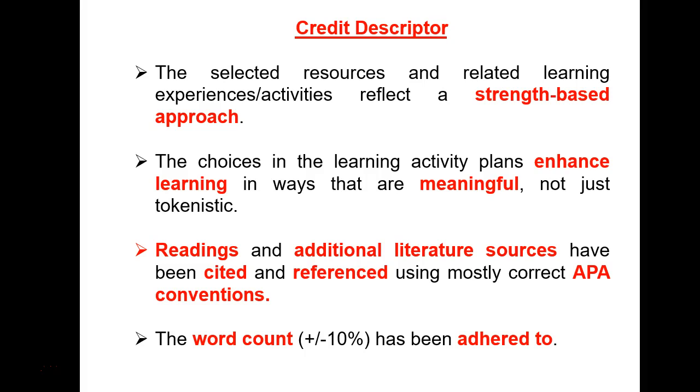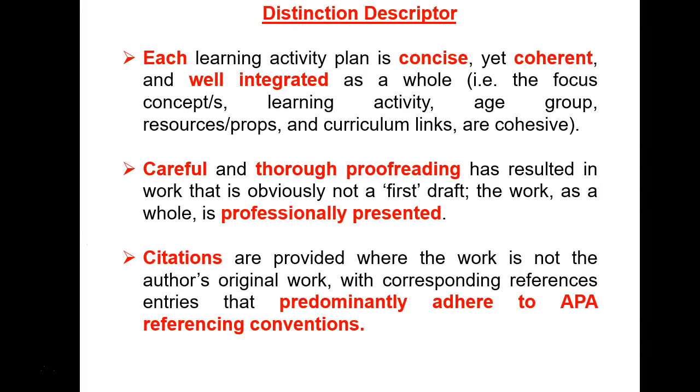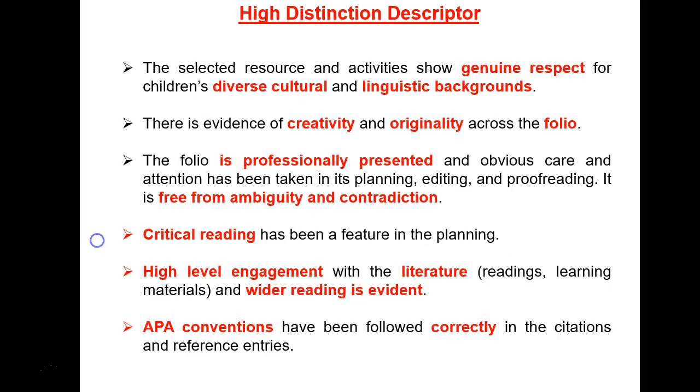And as you move up, you can see that little things are added. So our credit, we're going to be looking at meaningful lesson plans. Things that aren't just tokenistic. We're going to be looking for readings and additional literature, and we're making sure that we've got that strength-based approach. And again, as we move up to the distinction descriptor, we're going to be looking for each learning activity plan is concise and it's well integrated, it's proofread well, professionally presented, and citations are prevalent.